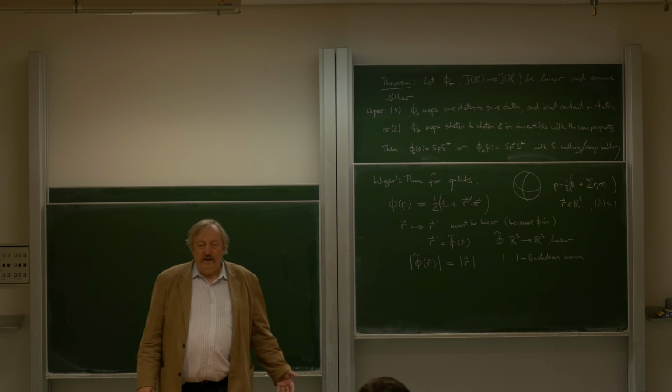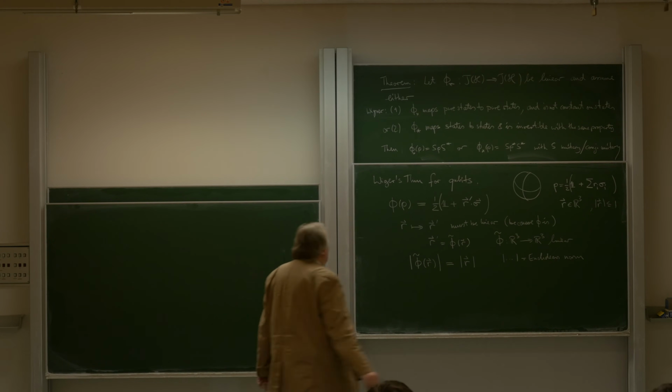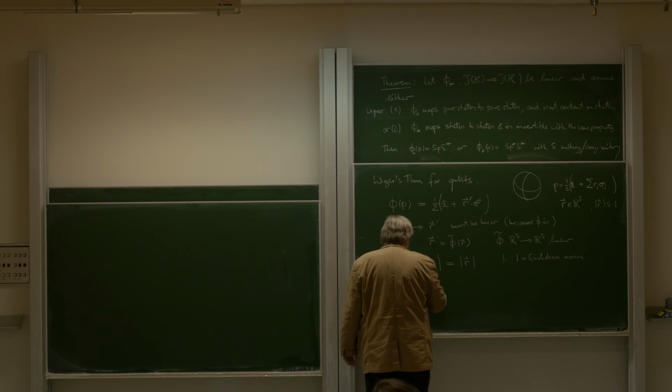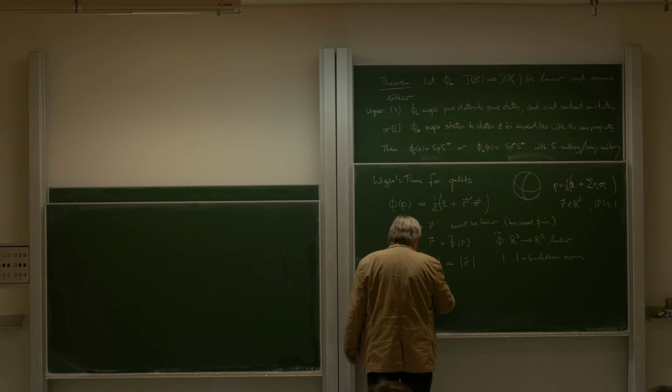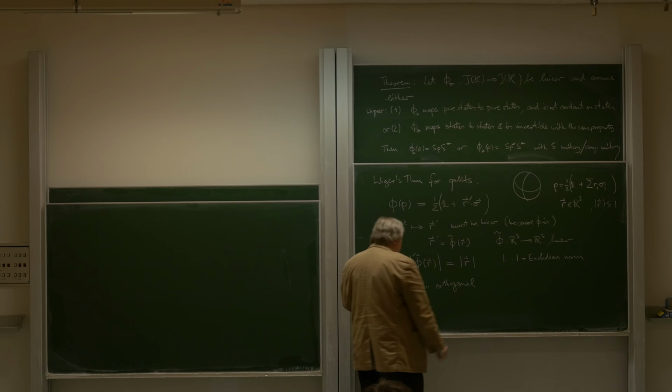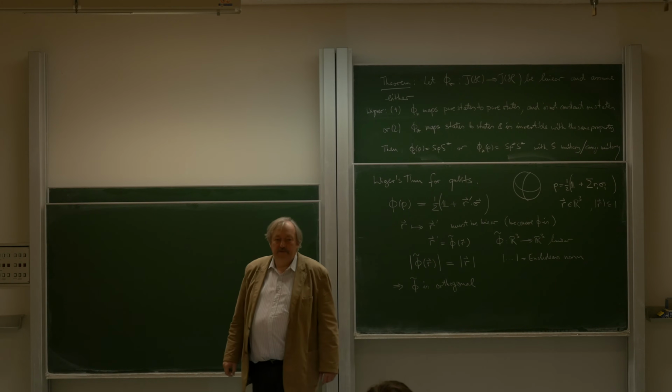So what maps have this property? So it follows that phi twiddle is orthogonal. That's basically orthogonal now. This is the definition of an orthogonal map.